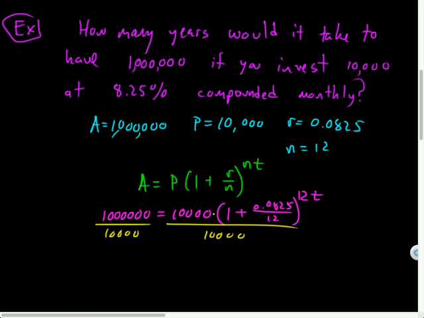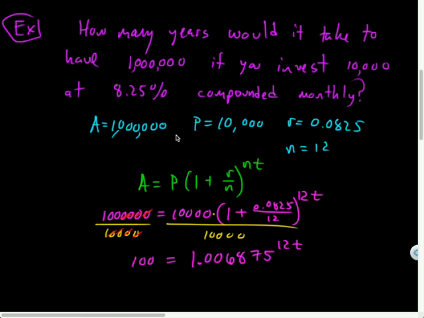So I've got 100 on the left, equals 1 plus 0.0825 divided by 12. And I would have 1.006875 to the 12t.